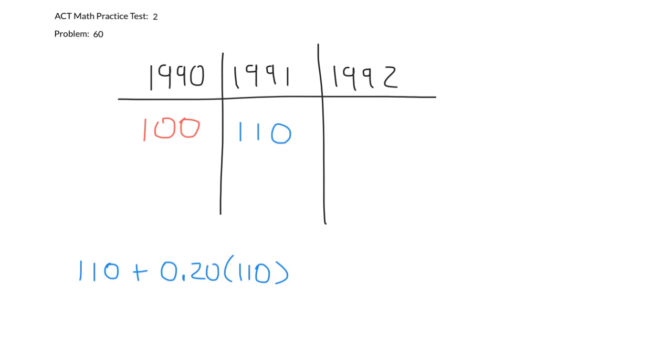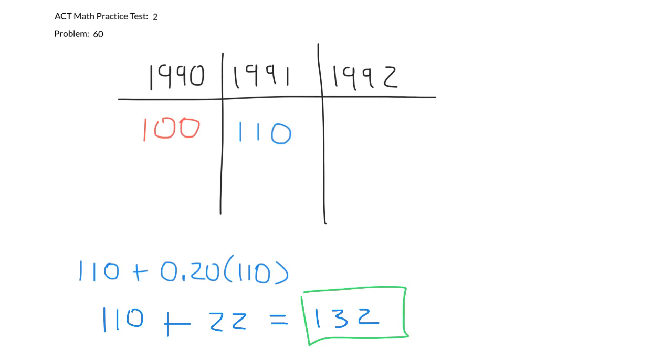So in this case, it's going to be 110 plus 0.2 times 110. So that's going to be 110 plus 22, and that will equal 132. So sort of wrap that in green. That's going to go right there.